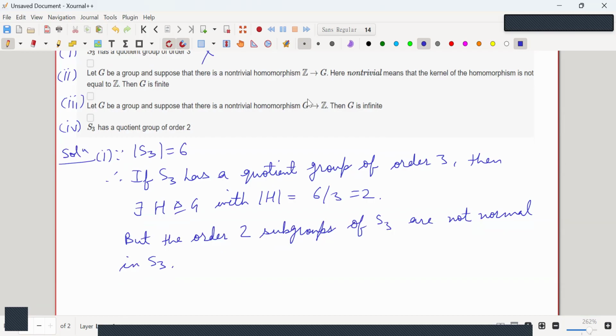Suppose one maps to some A belonging to G, then A has some finite order, which would mean that phi of one also should map back to the identity element, but this is an infinite cycle, so it can't happen.